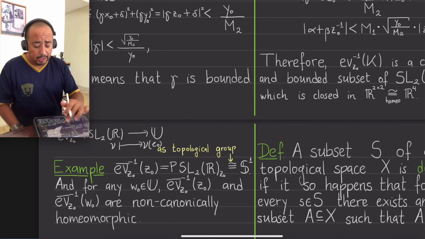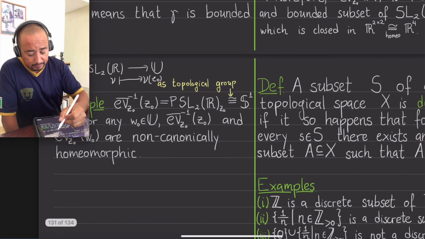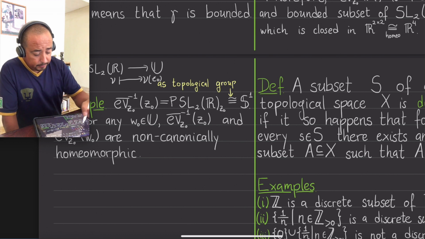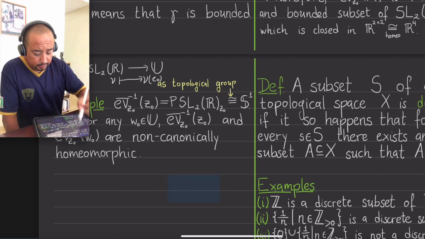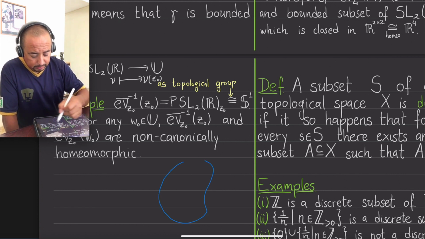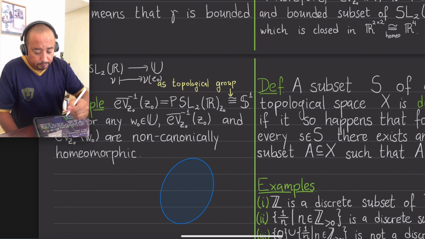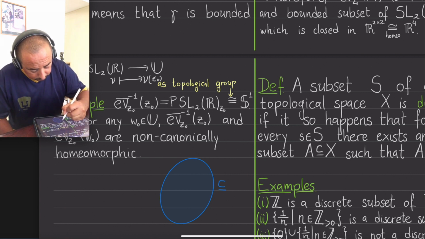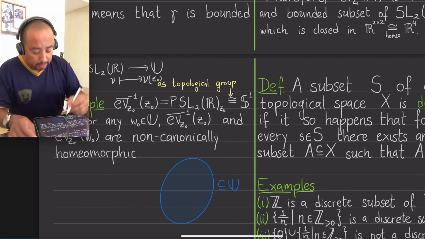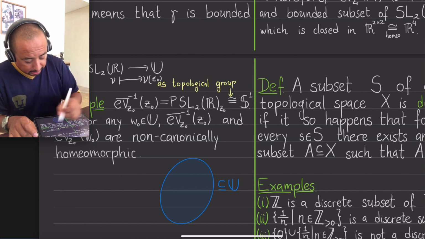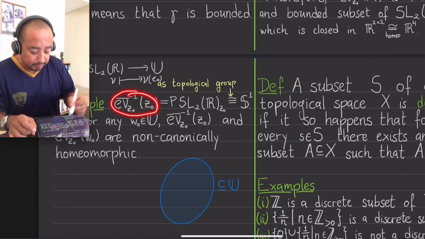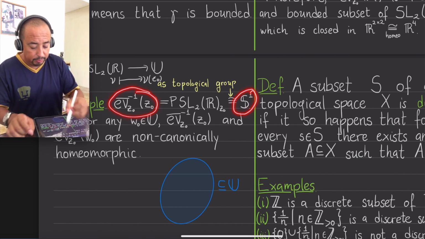So somehow it seems that, given, let's say, that I take a certain region in U, these inverse images are homeomorphic to the circle, all of them, right?